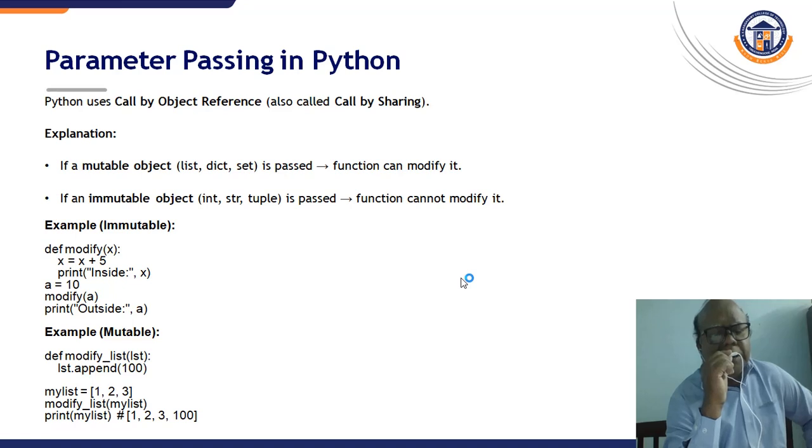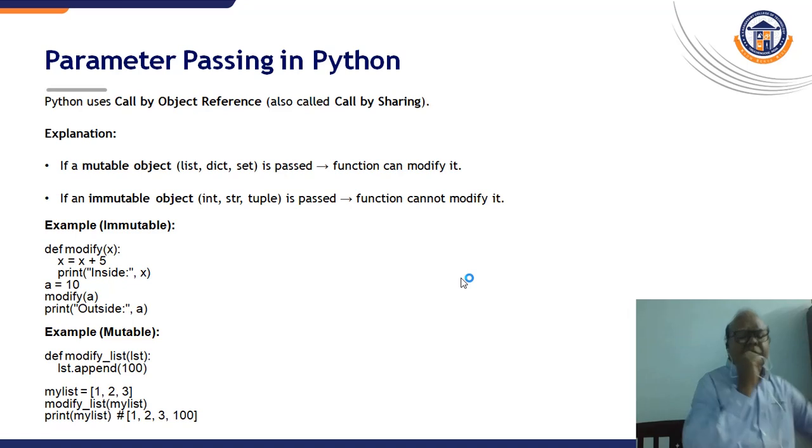Here you are passing my list to the function, and you are changing it. That is, you are appending 100, so 1 2 300 will be there, and then in the main program when you print it, the value you have changed will be changed globally.